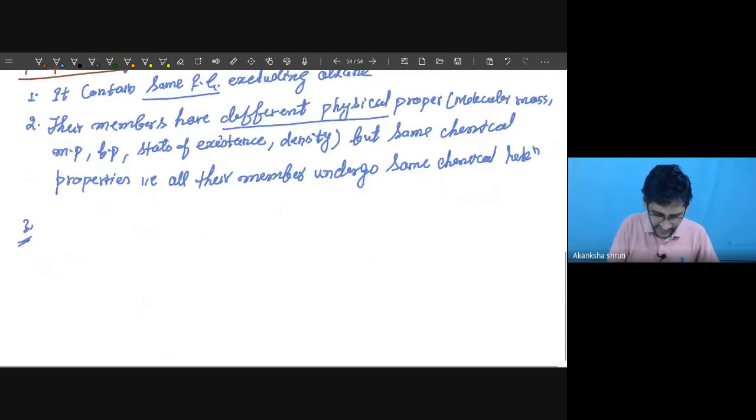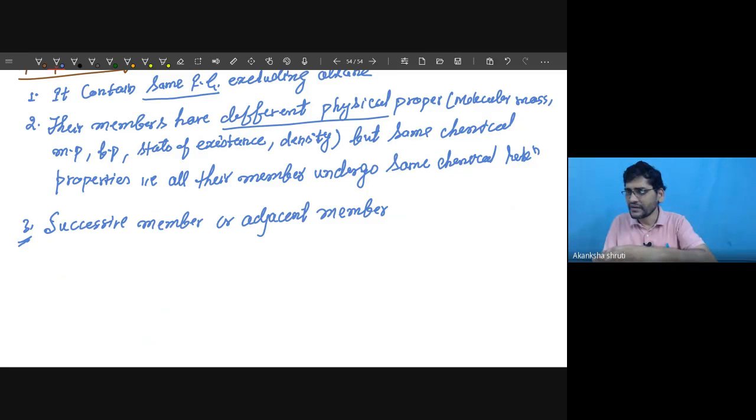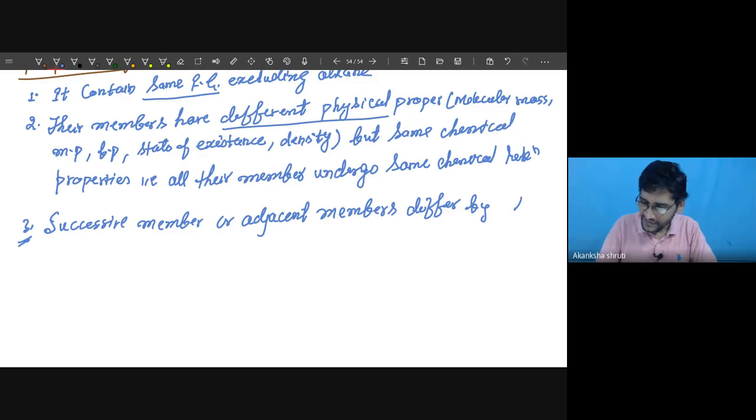So the successive members, or adjacent members, either preceding or succeeding, differ by the CH2 unit, means only this much part.